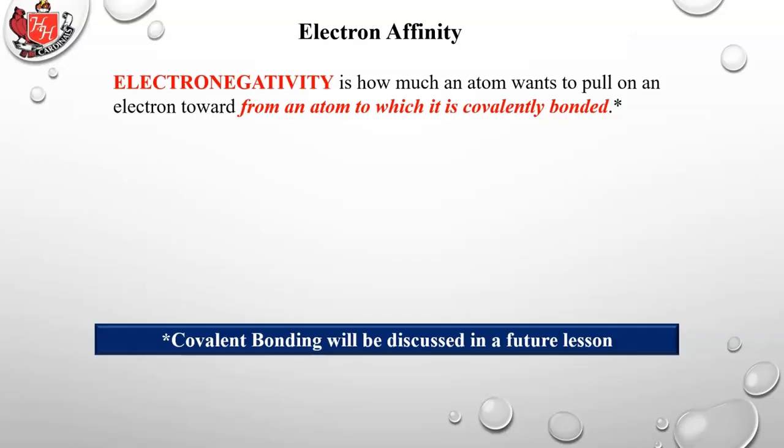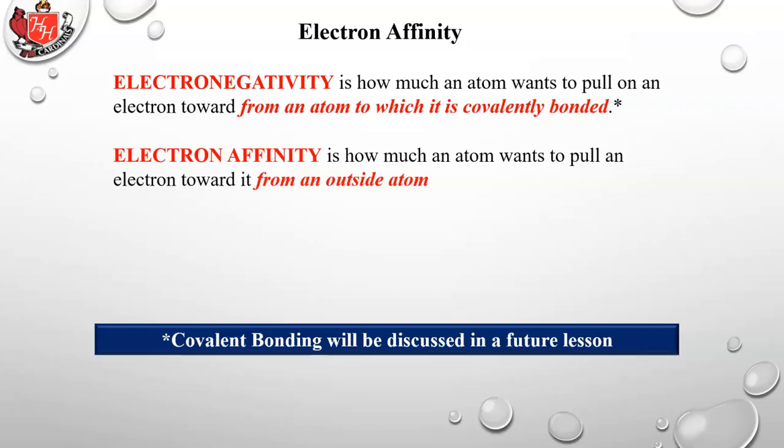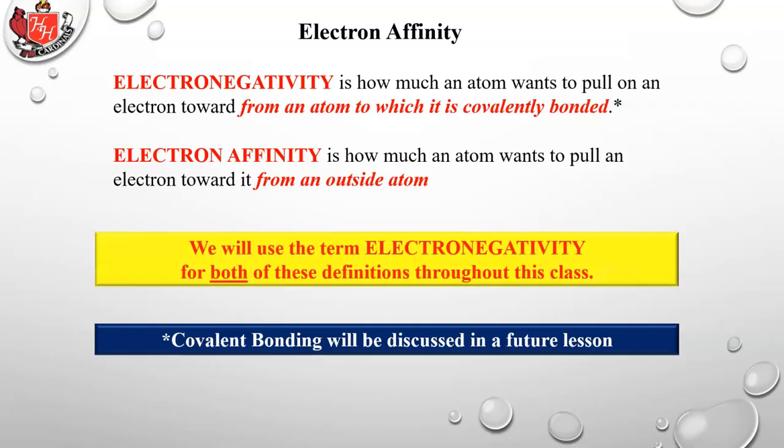So electronegativity is how much an atom wants to pull on an electron toward it from an atom to which it is covalently bonded. We'll discuss covalent bonds later. And electron affinity is how much an atom wants to pull an electron toward it from outside of the atom, from outside.